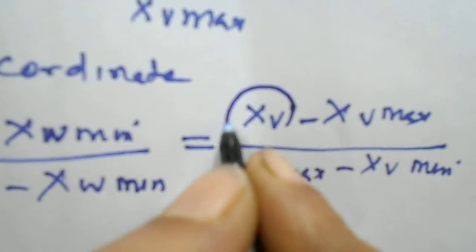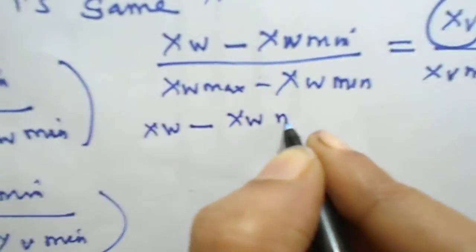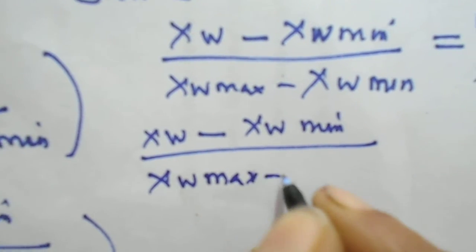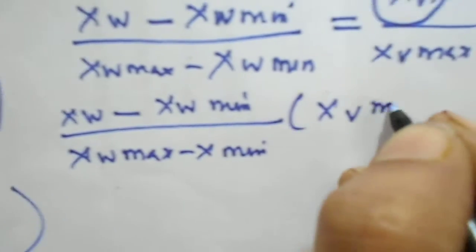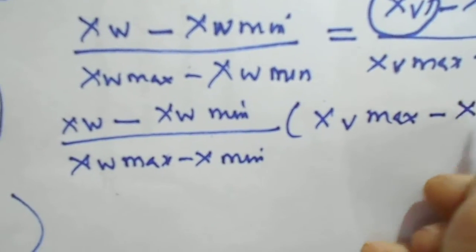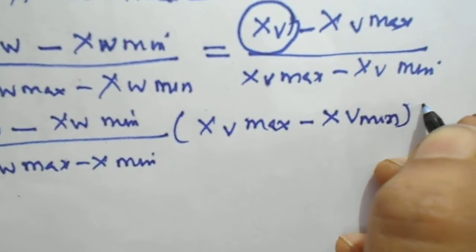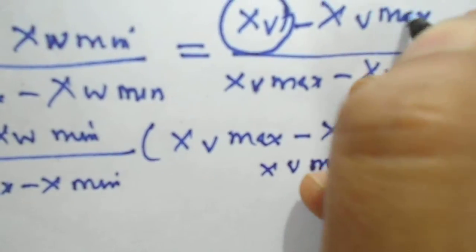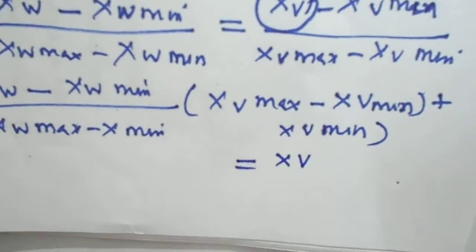Now we want to find xv, so we bring everything to this side: xw minus xw minimum divided by xw max minus xw minimum, into xv max minus xv minimum, plus xv minimum, which is equal to xv.